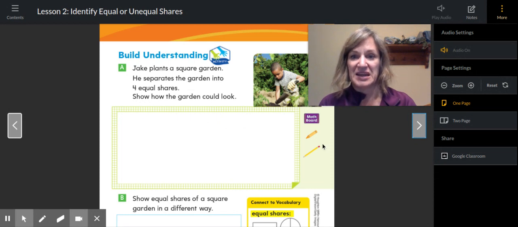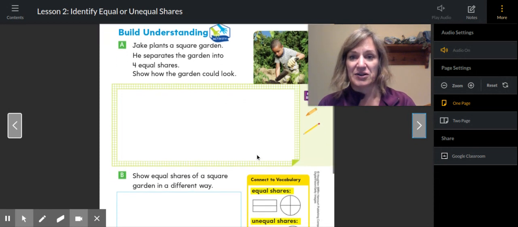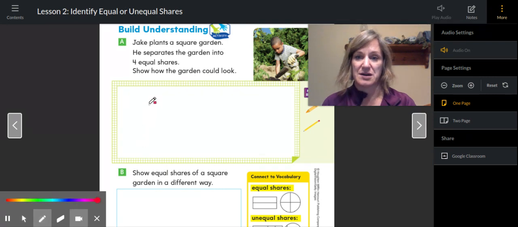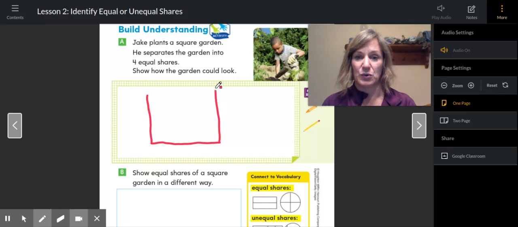Build understanding. Jake plants a square garden. He separates the garden into 4 equal shares. Show how the garden could look. So I want you to draw a square garden here, and I want you to divide it into 4 equal parts. And there are several ways you could do that.